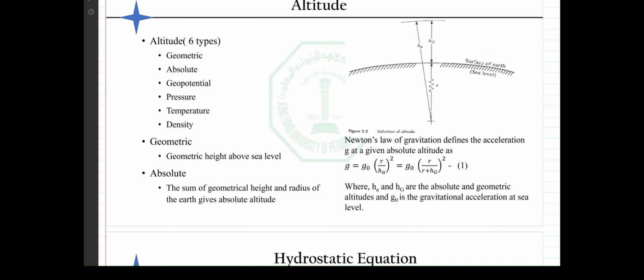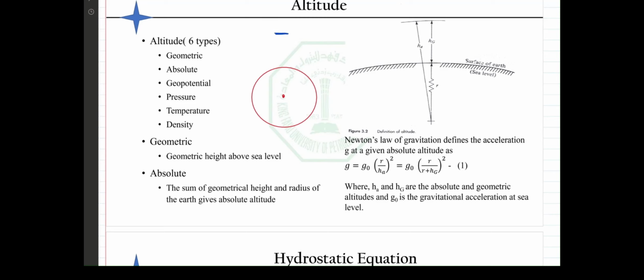There are six types of altitudes that you are going to study. First is geometric, then absolute and geopotential, and pressure, temperature, and density altitudes. Let's first demonstrate the first two. Here is our Earth, and this is the center of the Earth.